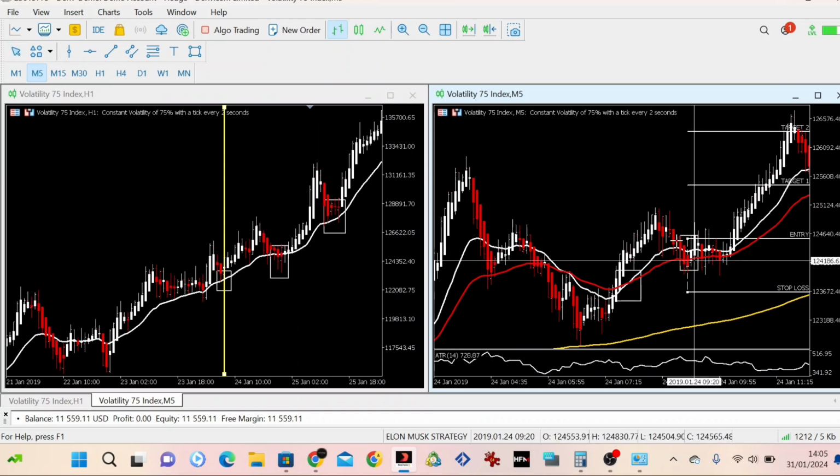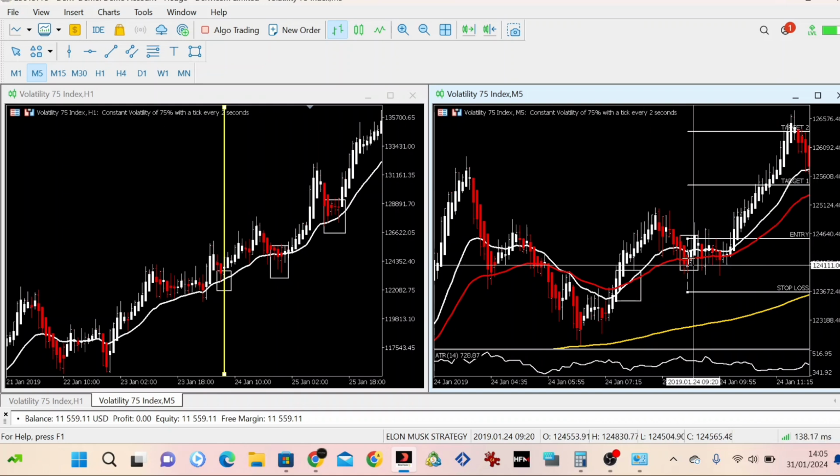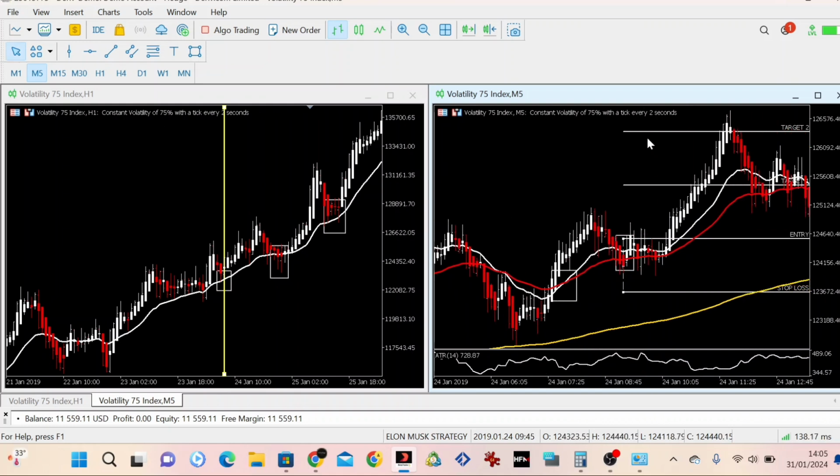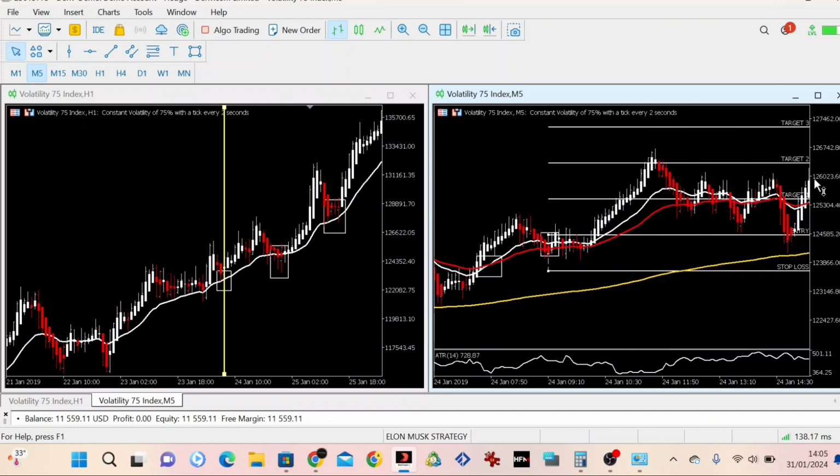You will enter with two positions. The first one you close at 1:1. Then the second one you close at 1:3, meaning you target 3 times your risk for the second entry. For the first entry, you just target 1 multiplied by your risk. So we entered there, this is the stop loss.